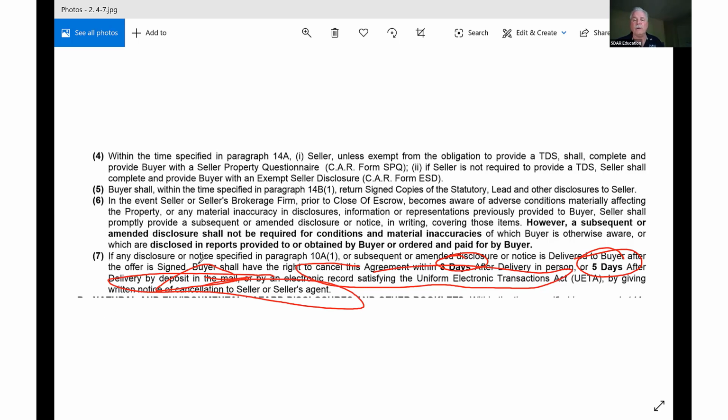So again, you have an obligation to give express cancellation or express rescission of the contract, but only in that situation. If you got all the disclosures, why would you sign the contract? If there's something in the disclosures that you don't like, then you shouldn't be buying the house, instead of trying to fall back on it later.